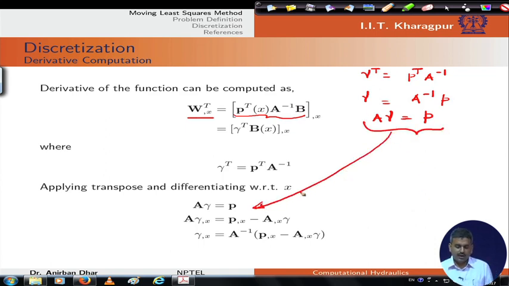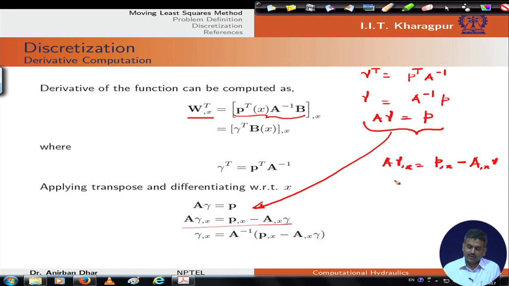Now, we know how to calculate the derivative of this. First part, this is A gamma x and this is P comma x. This is represented as A comma x gamma plus A gamma comma x.